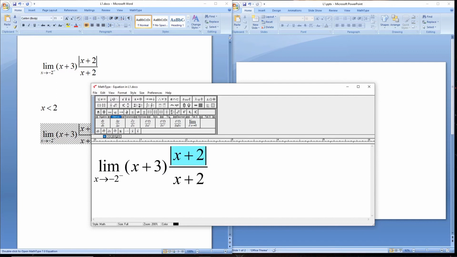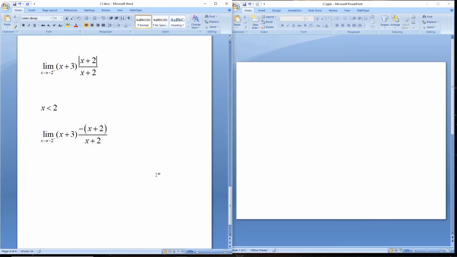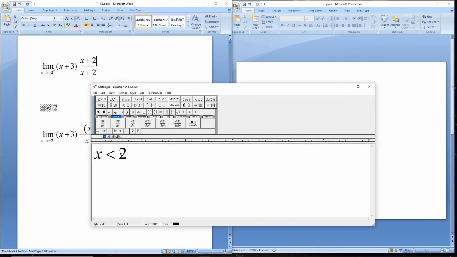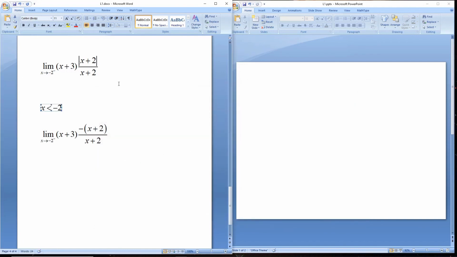And so we can get rid of the absolute value then by multiplying all of that then by a minus sign. Because we know x is less than 2. Oops, I should actually say minus 2 here. Because we know it's less than minus 2. Minus 2, x plus 2 will always be negative. And so we can get rid of the absolute value sign by replacing it with a minus sign.